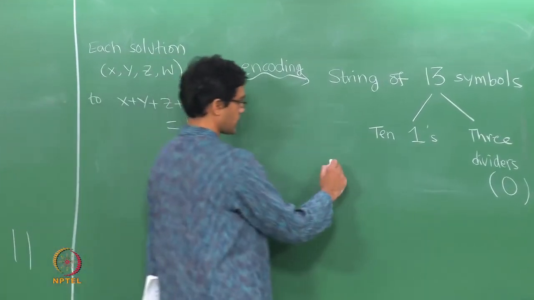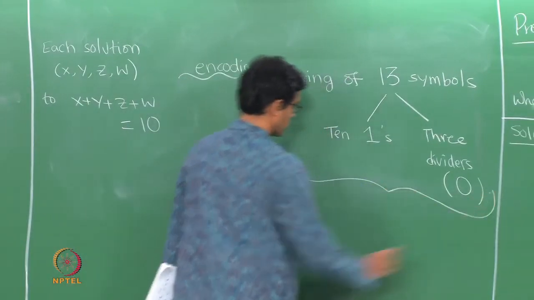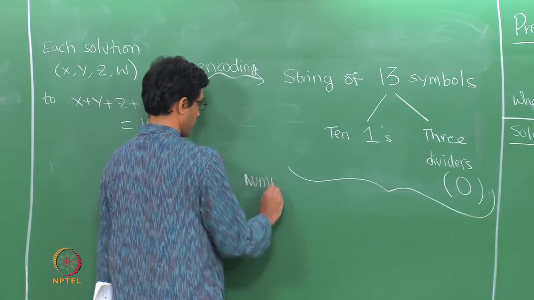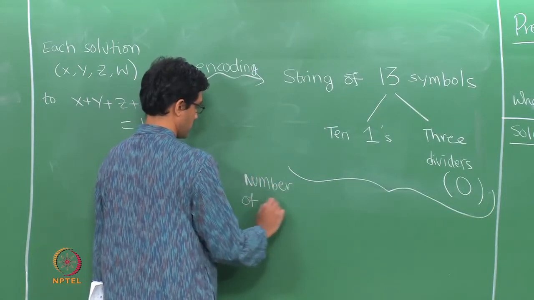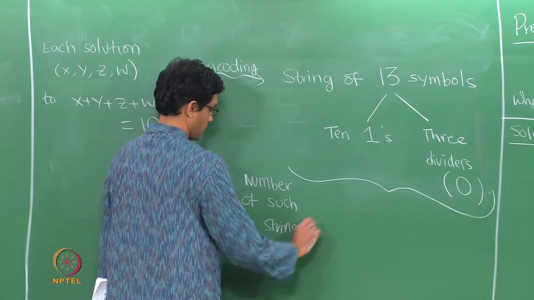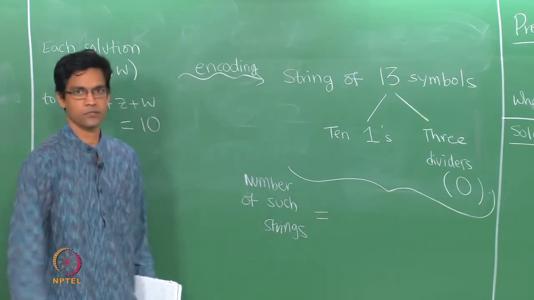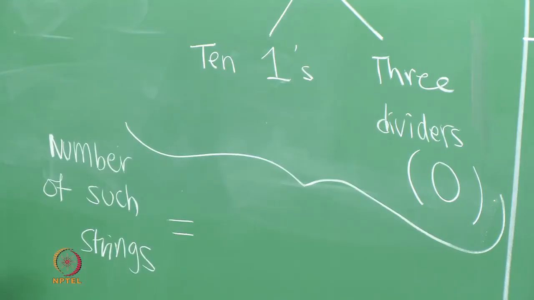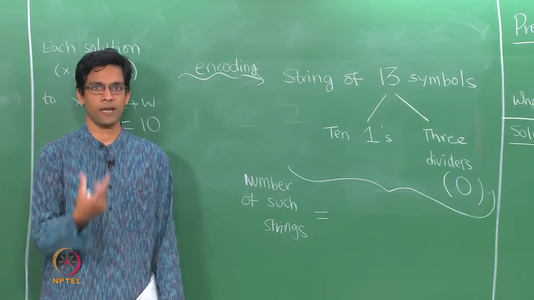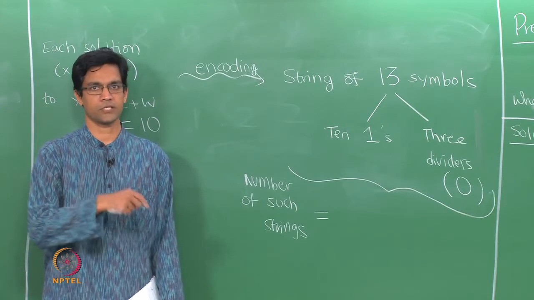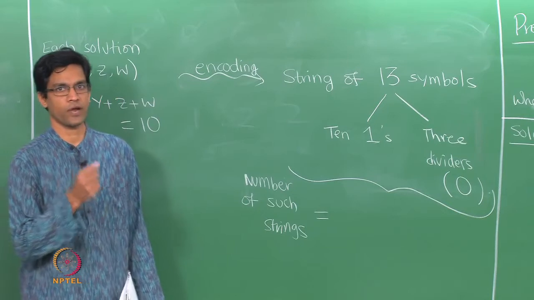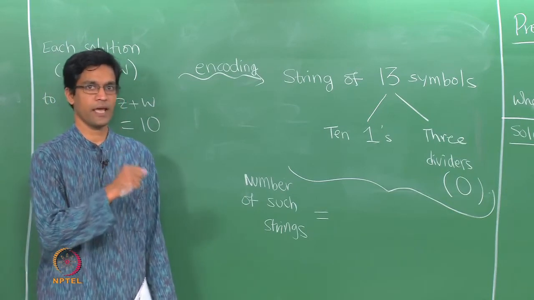Now this is something that we have already looked at. So this can be counted, the number of such strings. Recall that in one of the earlier lectures we talked about writing out strings of A's and B's. We said the number of strings of length n which contain r A's and n minus r B's is just n choose r, because you just have to find the positions where the A's occur.